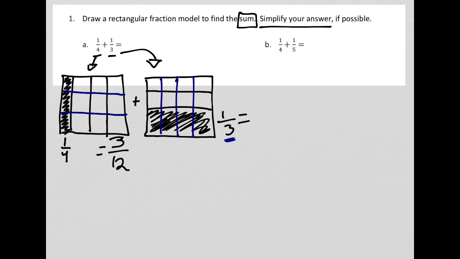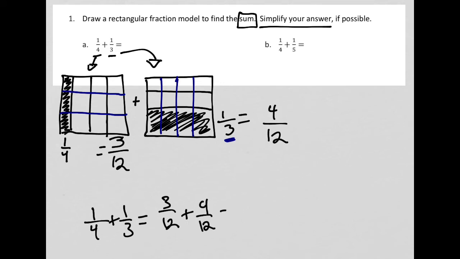I have 4 out of 12. So I've created a new problem. I had 1/4 plus 1/3, and I've rewritten it as 3/12 plus 4/12. I found equivalent fractions. 1/4 and 3/12 are equivalent fractions, and 1/3 and 4/12 are equivalent fractions.